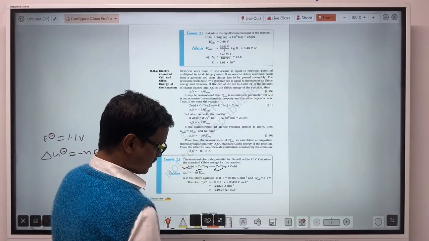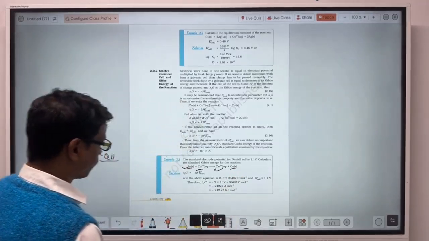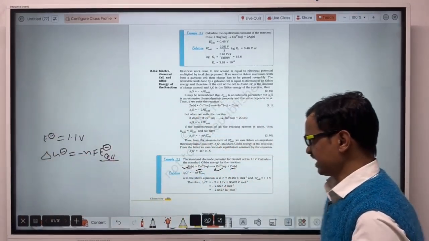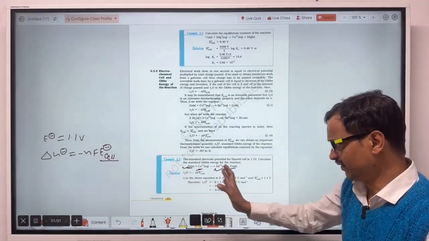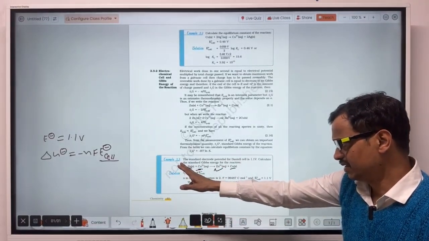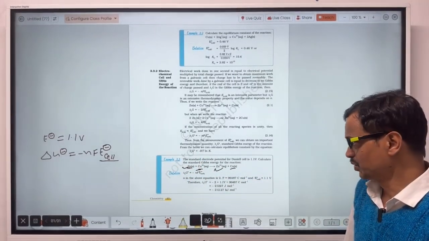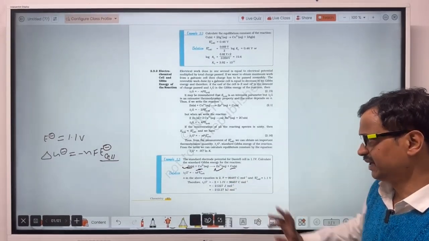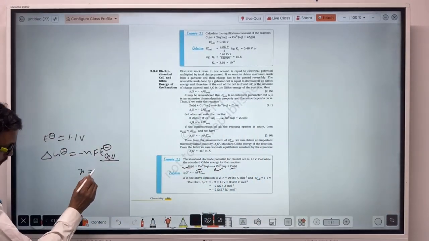One Cu2 plus gains 2 electrons and is converted into a copper atom. So during this reaction there is an exchange of 2 electrons, so the value of n will be equal to 2.